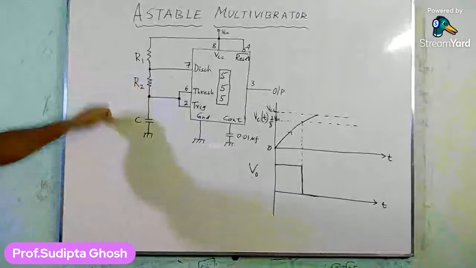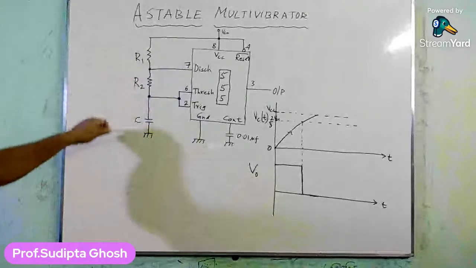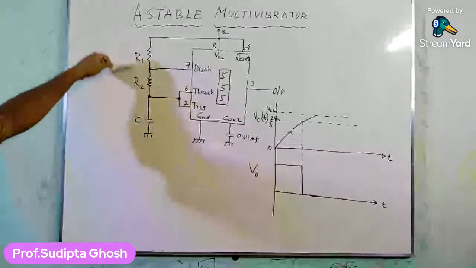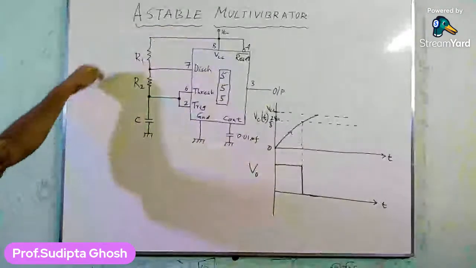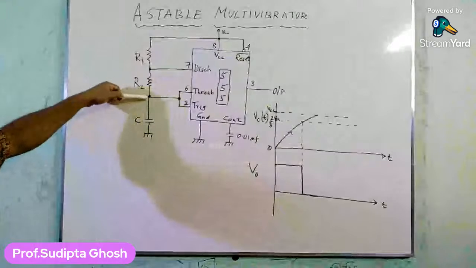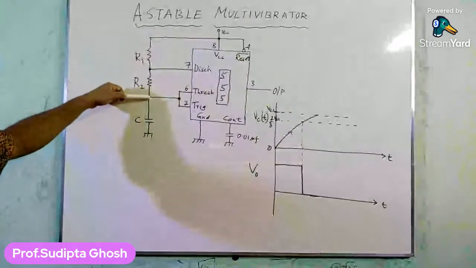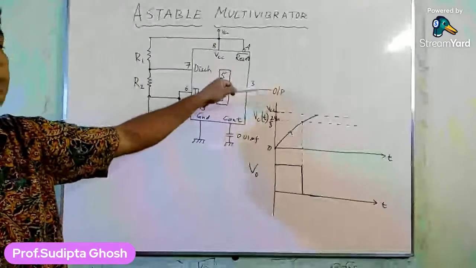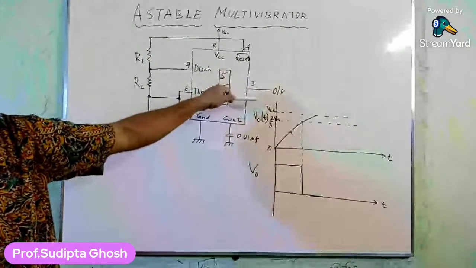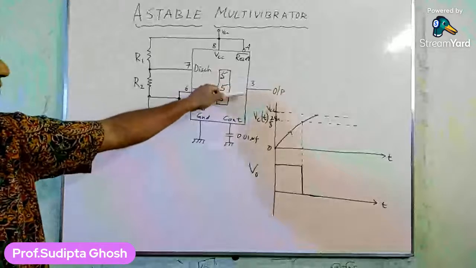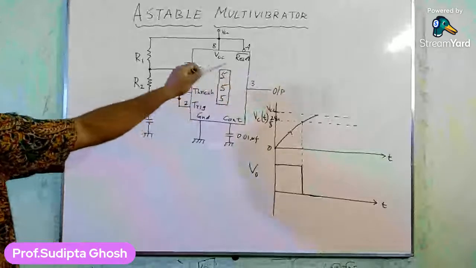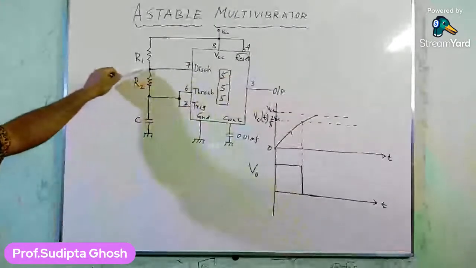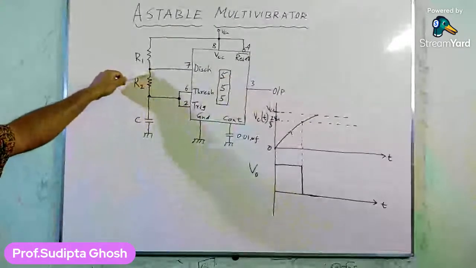Initially, the capacitor was charging through this path of R1 and R2. Now as the capacitor voltage reaches 2/3 VCC, the output of the 555 timer goes low, and that makes the discharge pin shorted to ground.